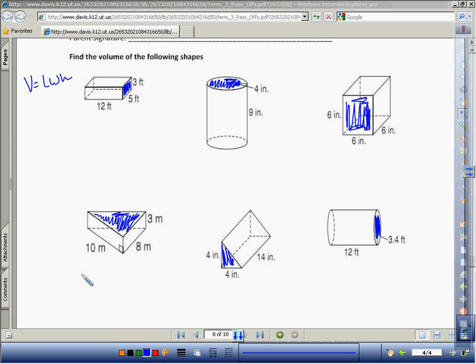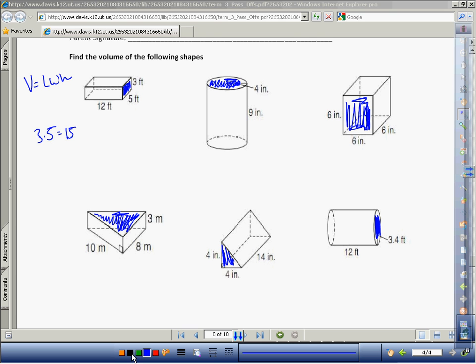So what we're going to do is first find the area of this rectangle out in front. And you'll recall from pass-off sheet number 7, when we go to find the area of one of these rectangles, we just go 3 times 5. So 3 times 5 is 15.